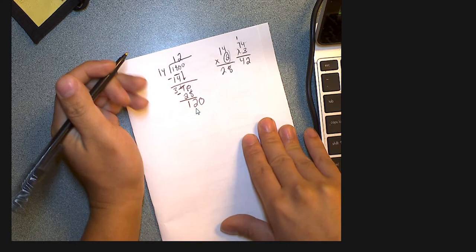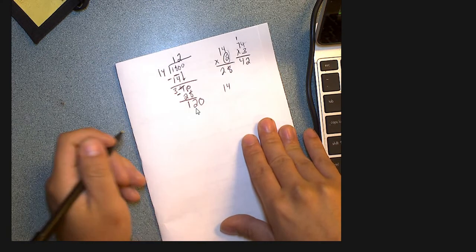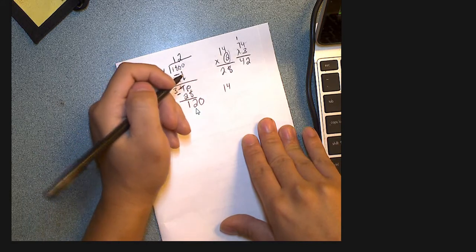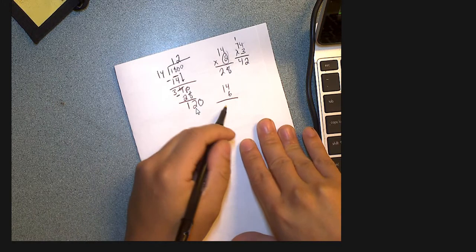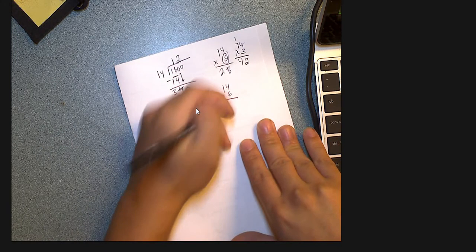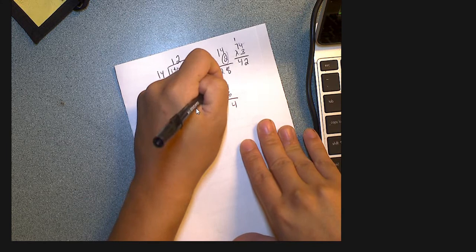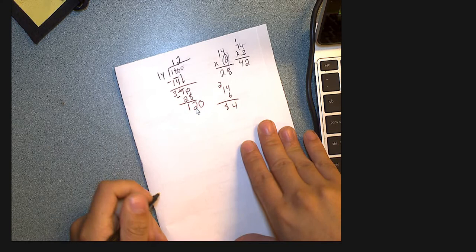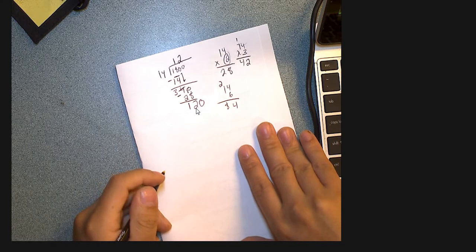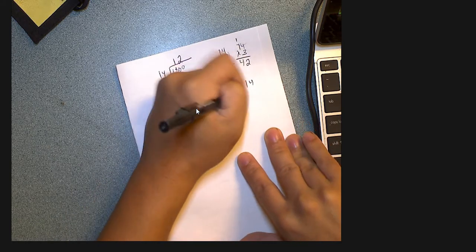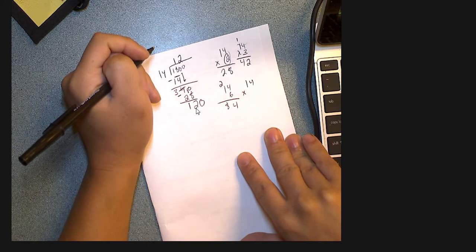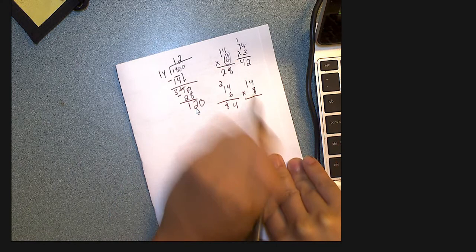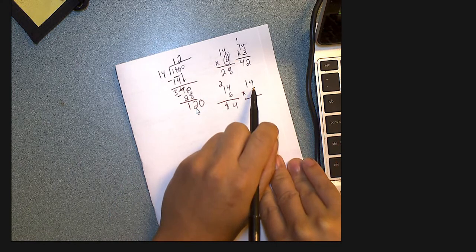I'm going to try 14 times 6. 6 times 4, that's 24. I put out the 2. 6 times 1 is 6, plus 2, that's 8. That's way too small. Now I'm going to try 14 times 8. 8 times 4 is 32.